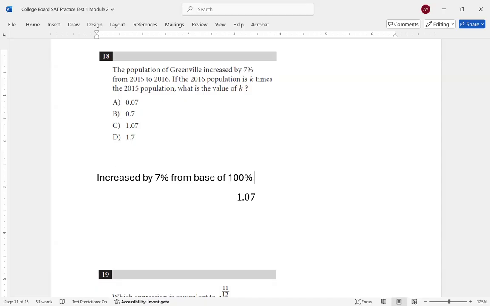So the total multiplication is basically 107%, which is 1.07 as a decimal. And therefore, C is the correct answer there. So the answer to 18 is C.